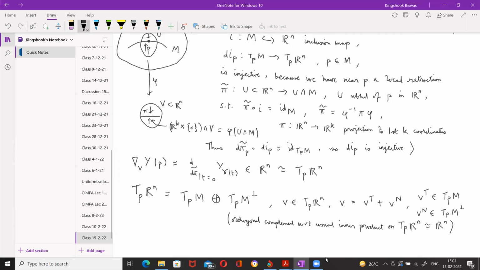Okay, so any vector in R^n we can split into tangential and normal components.